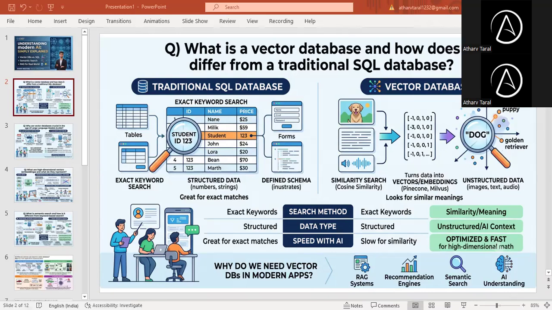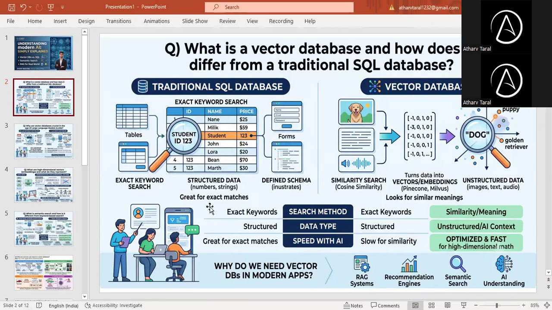That means in a modern application, specifically when you use RAG or a recommendation system, we need a vector database. That is nothing but a way for a computer to understand the relationship between data points rather than just reading them as plain text.